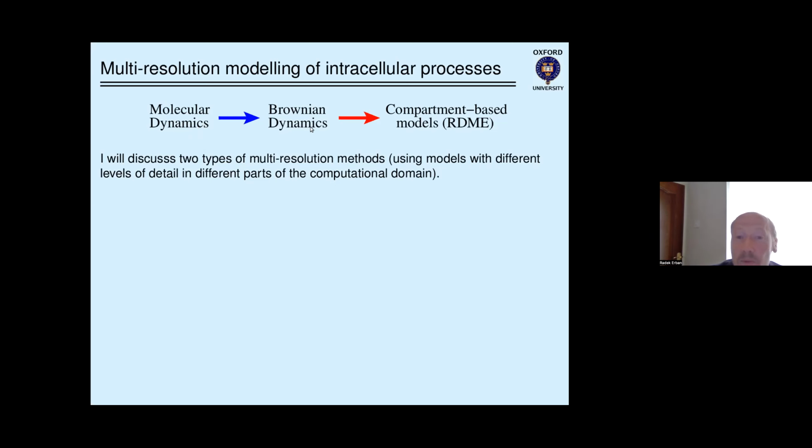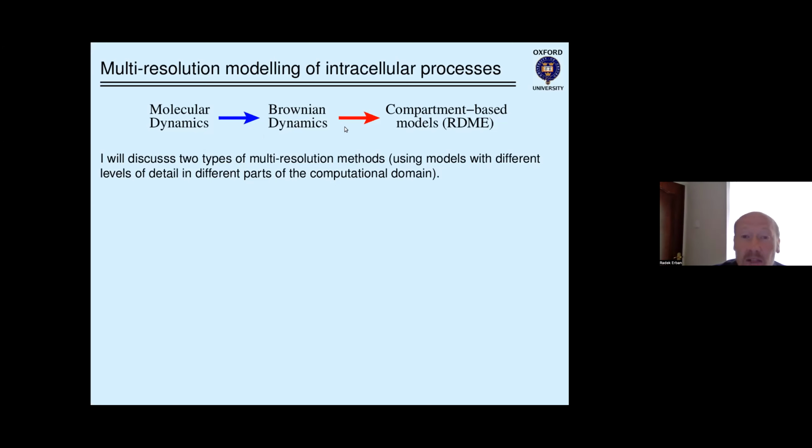But some models we built also with Brownian dynamics, where we do stochastic modeling of individual particles. That was what I was calling molecule-based modeling or stochastic reaction-diffusion modeling in my previous talk. There are also much coarser models, which are compartment-based models, which can be analyzed mathematically using the reaction-diffusion master equation. I will discuss these arrows, how we can go from a more detailed model to a coarser model, and how we can use these limiting processes to design efficient computational schemes to answer the questions of interest.